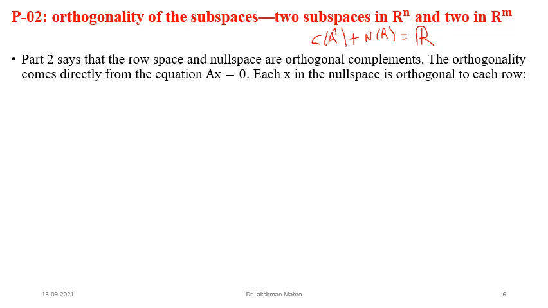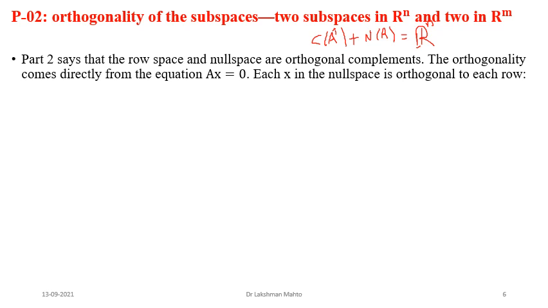So if you take two subspaces and their sum gives the complete space, then we call them complement subspaces, and both are orthogonal to each other, so that's where the word orthogonal complement comes from. So the column space of A transpose and the null space of A are complements of each other. That is the story of being orthogonal complement.